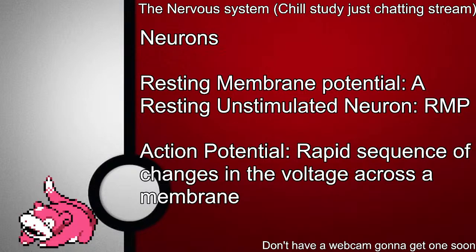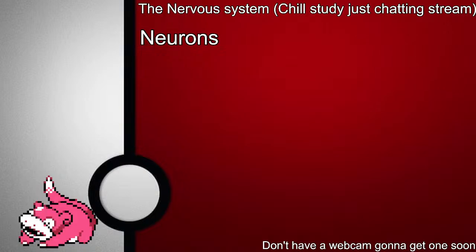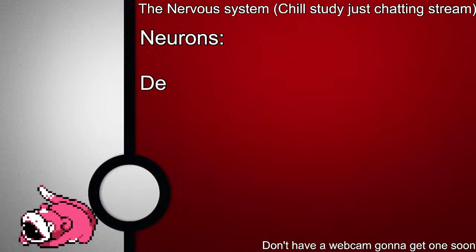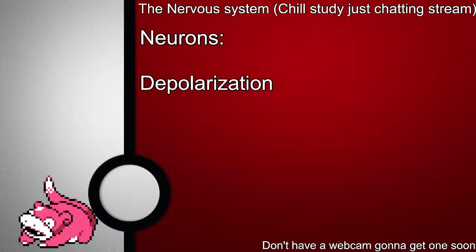All right. So we got action potential and resting membrane potential. Nice. Those cards will go right over here. And now we got depolarization. Okay, polarization means opposite, so I'm trying to think of a wordplay.